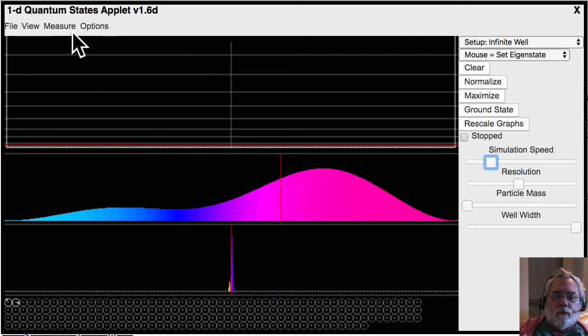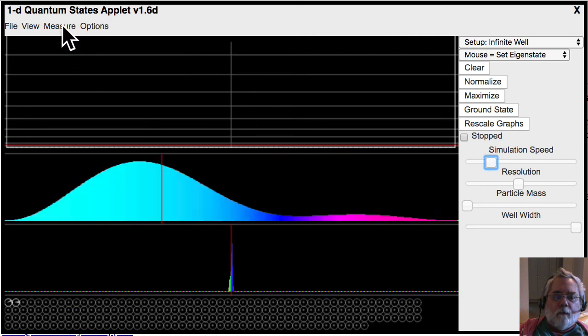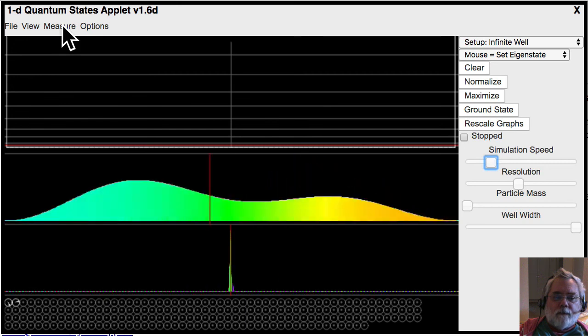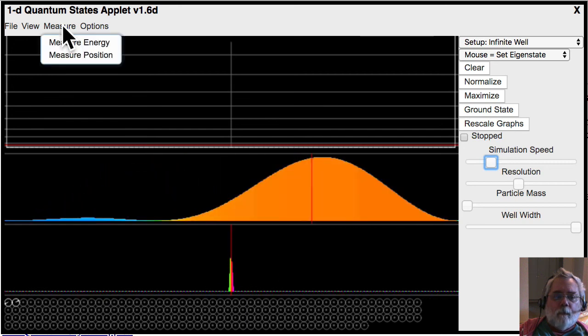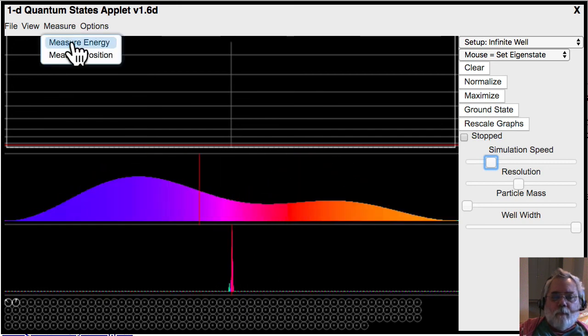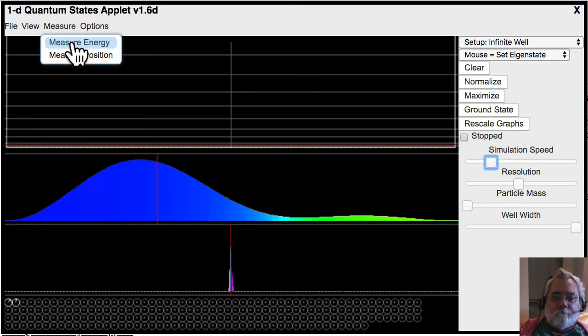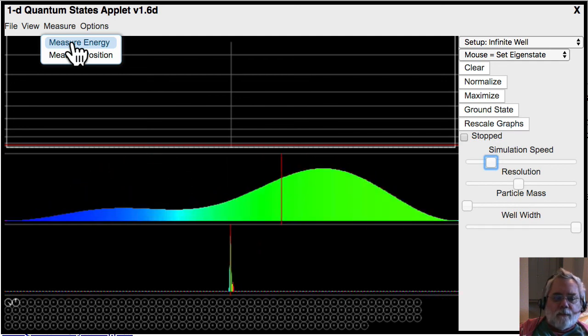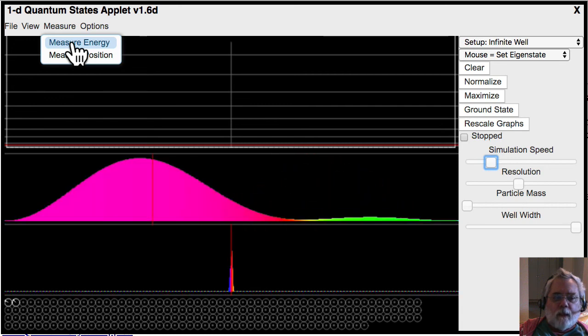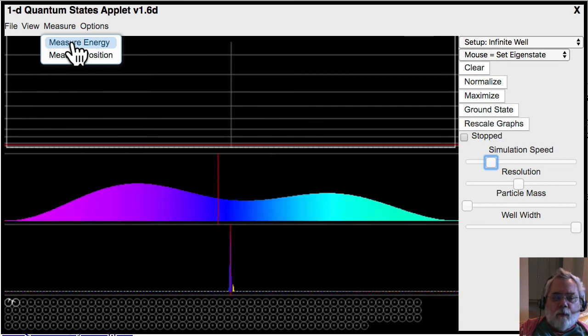Now we're going to do something that the simulation allows us to do. We're going to measure the energy. We're in a superposition state consisting of the ground state plus the first excited state. When I click this, we will measure energy.